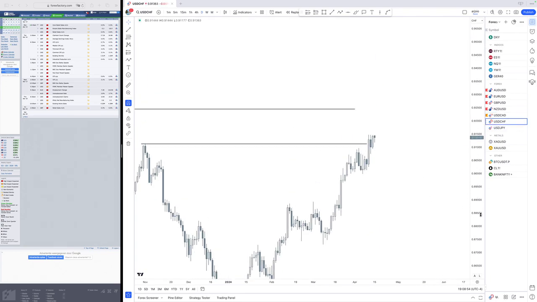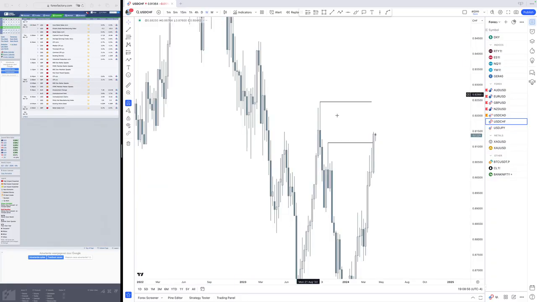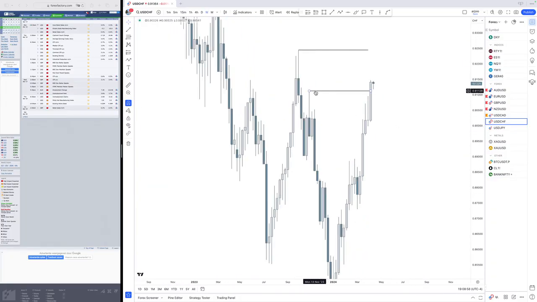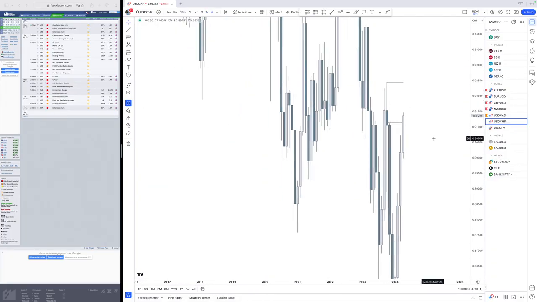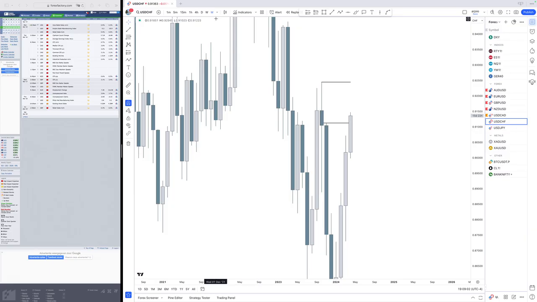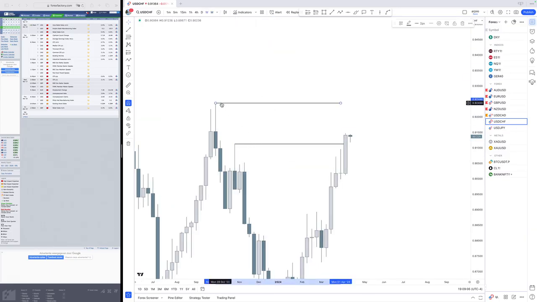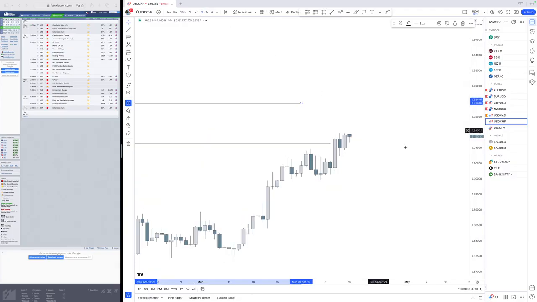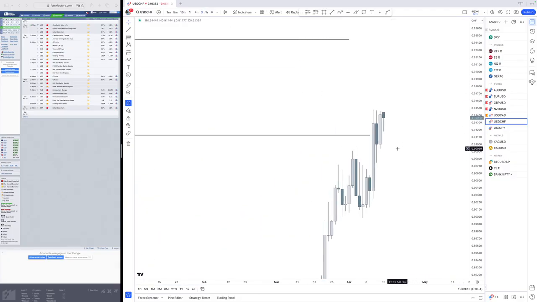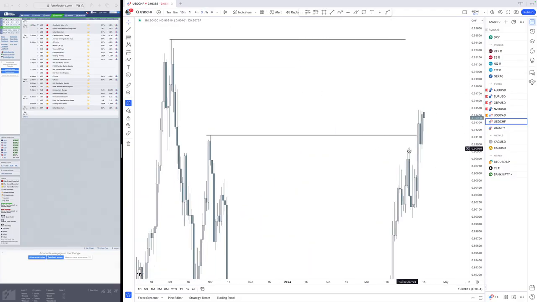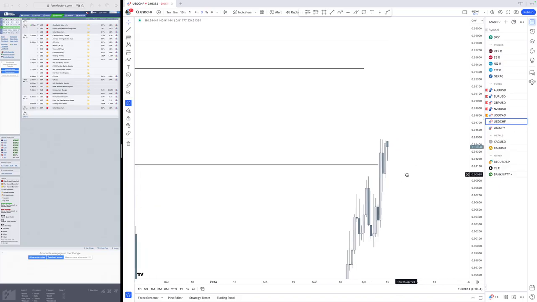US dollar CHF. Let's see. Again, reach that weekly swing high. Let's look at the monthly first. Monthly swing high is the next target potentially. Weekly swing high earlier reached as well. Then weekly swing high next as well. Daily right here. Ooh. Drawn liquidity quite clear. Not a clear narrative though.